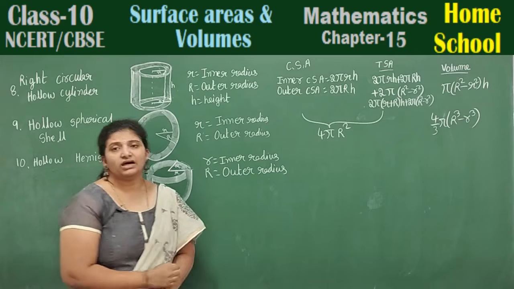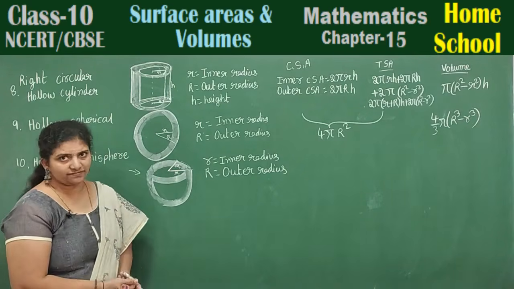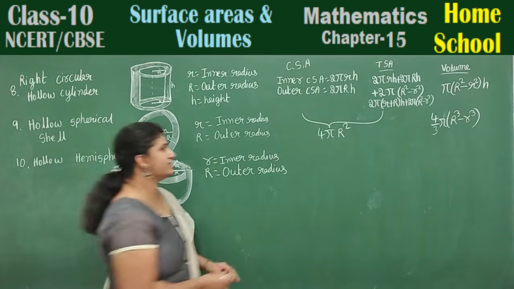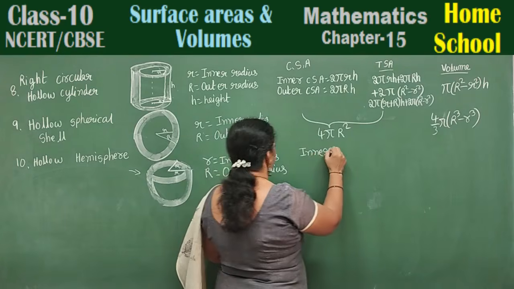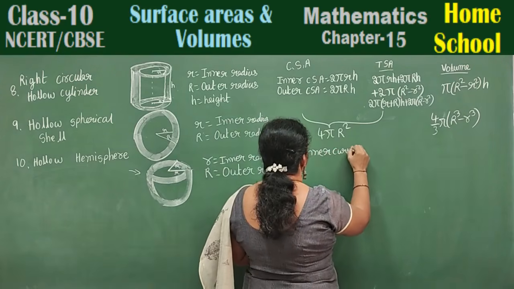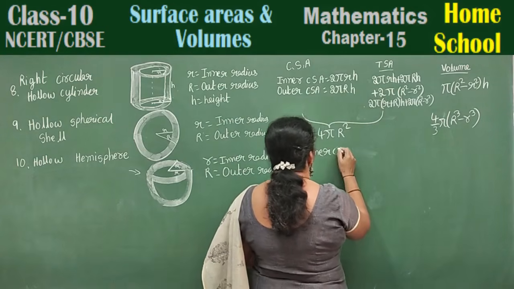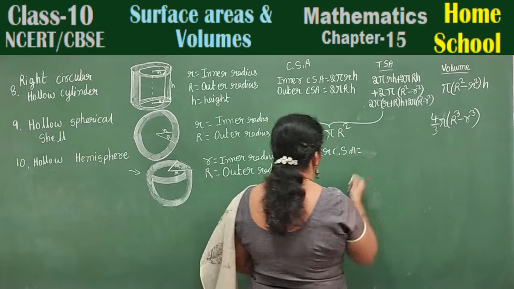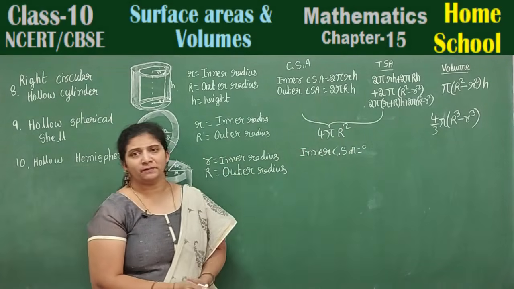Now, curved surface area. Again, it will have two curved surface areas: inner curved surface area and outer curved surface area. Inner CSA is equal to, what is the CSA of a hemisphere?